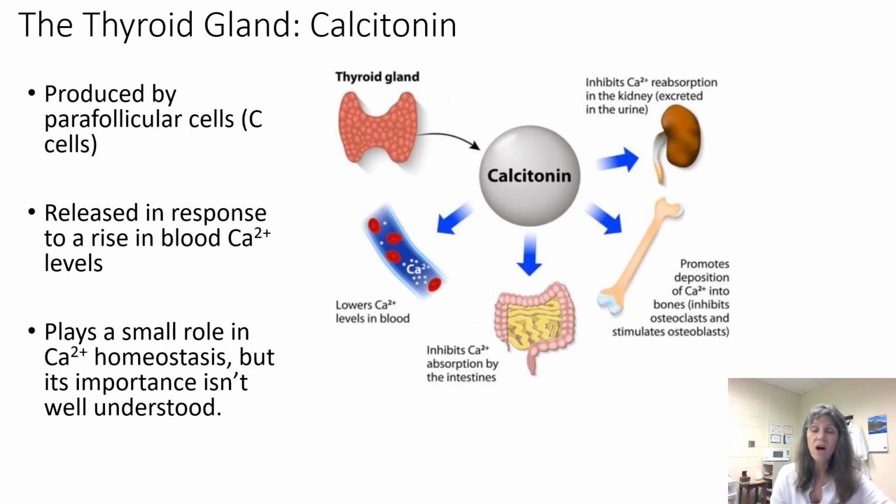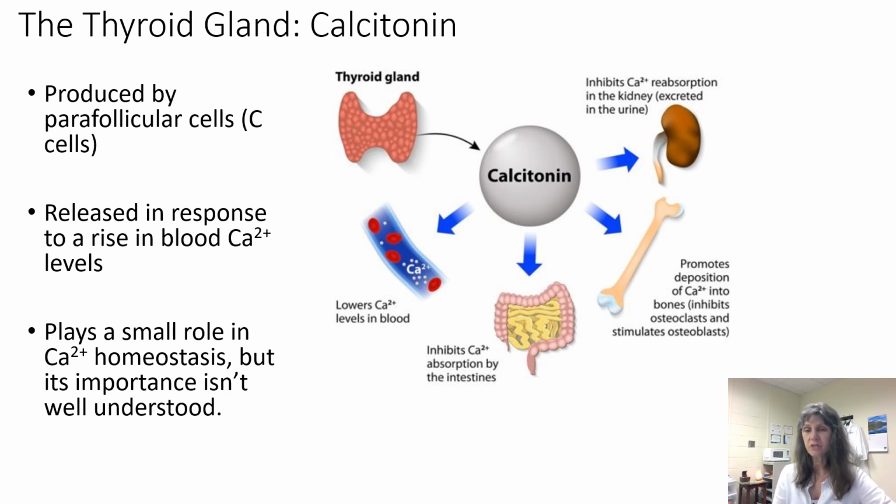The thyroid gland also produces calcitonin, and this is a hormone produced by the parafollicular or C cells. And this hormone is going to be released in response to increased levels of calcium in the bloodstream. And it plays a small role in calcium homeostasis, and its importance isn't really well understood, but it is believed to help promote the deposition of calcium into bones.